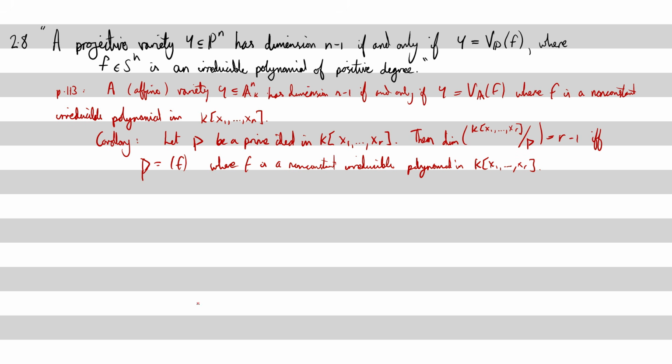Now we apply what we have here. So the dimension of Y, let me change Y here to something else, W. The dimension of Y equaling n minus 1 if and only if the dimension of its homogeneous coordinate ring is equal to n, by question 2.6.